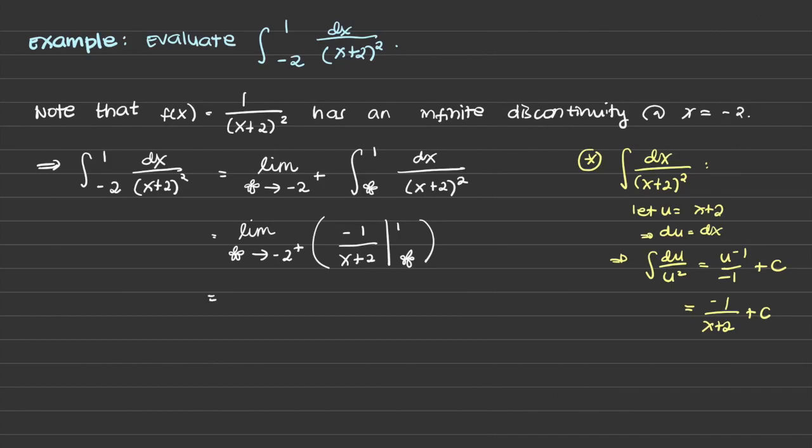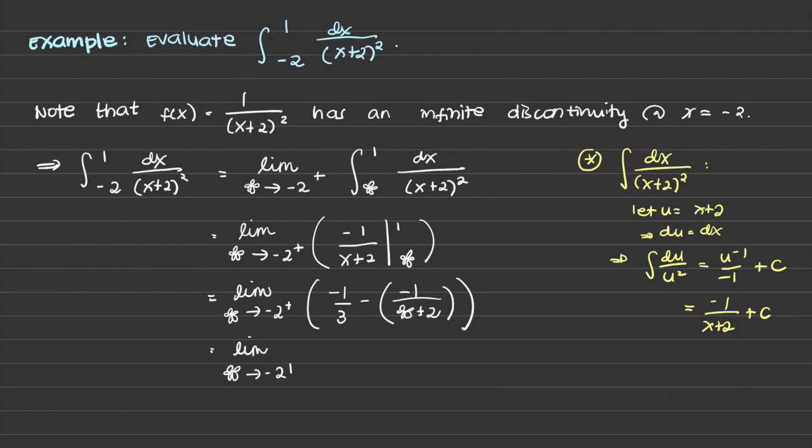And that just gives you the limit ng flour approaching negative 2 from the right of negative 1/3 minus quantity negative 1 over flour plus 2. And then, so we'll rewrite lang natin, that will just become negative 1/3 plus 1 over flour plus 2.